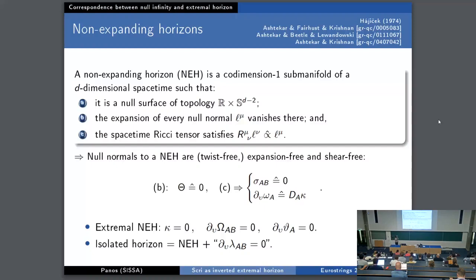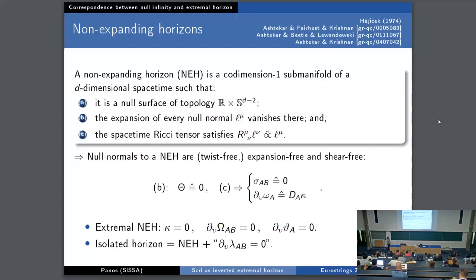The other is a requirement about the vanishing of some Ricci tensor components, which can be interpreted as an energy condition on the matter fields near the horizon. The definition then implies that the null normals to a non-expanding horizon are, besides twist-free, also expansion-free and shear-free. In other words, the horizon metric is stationary.